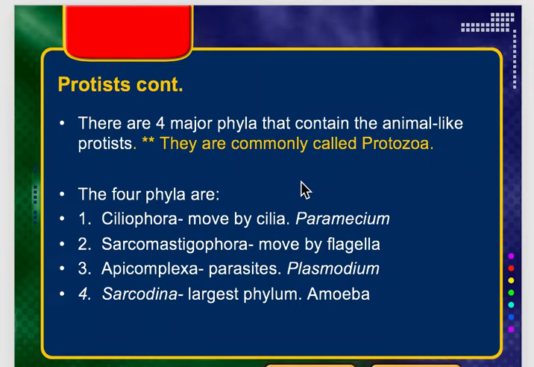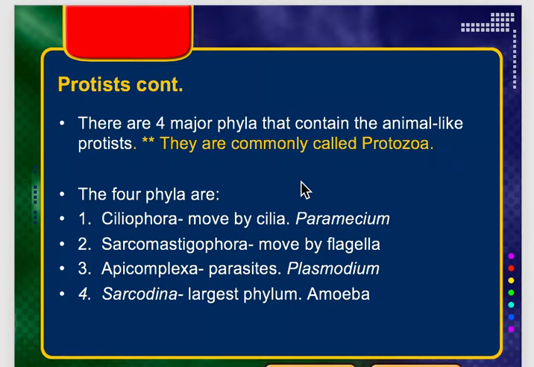Apicomplexa, these are your parasitic ones. As adults, the apicomplexans don't have a means of moving, and this would be an example of Plasmodium. These are the ones that are parasitic, so they have to be incorporated into a host. And then we have Sarcodina, which we're actually going to take first.